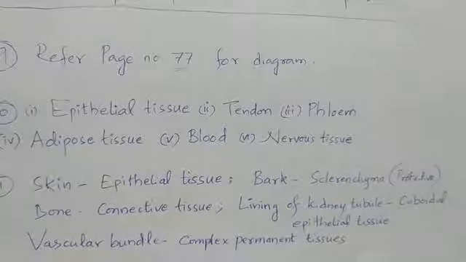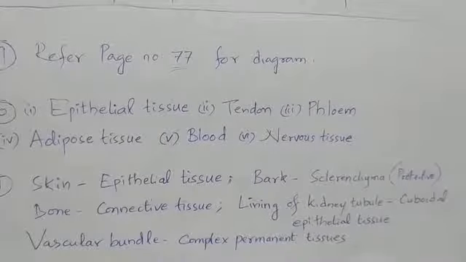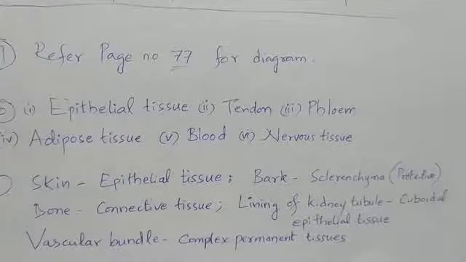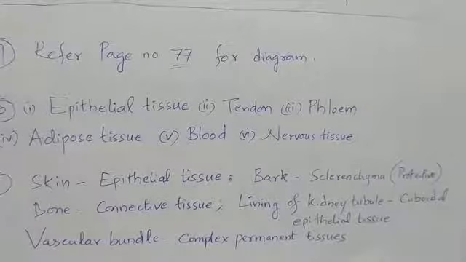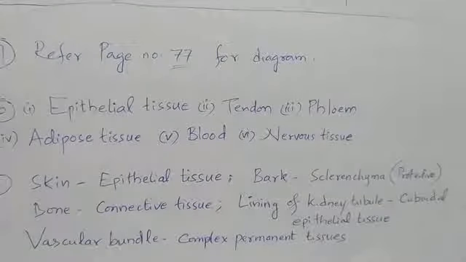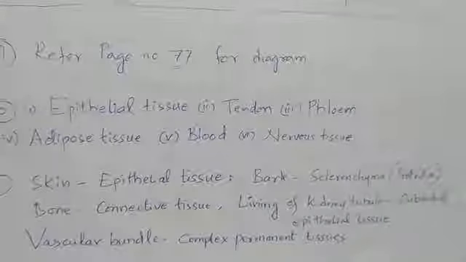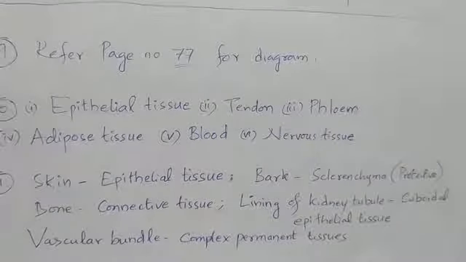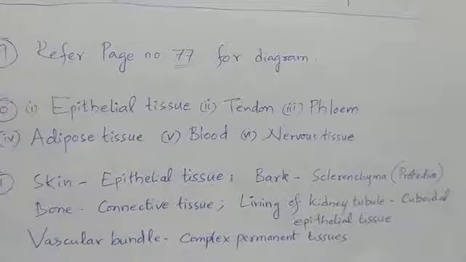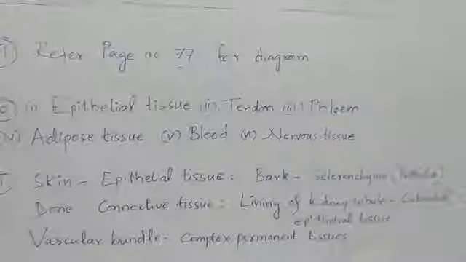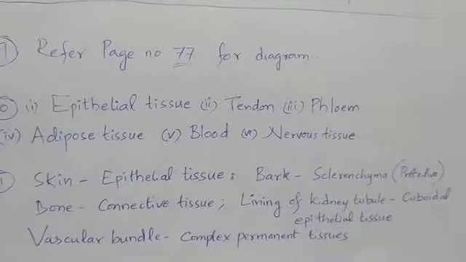Tissue that stores fat in our body: adipose tissue. And connective tissue with fluid matrix: there is only one connective tissue with fluid matrix, that is blood. Tissue present in the brain: nervous tissue. Here A, B, C, D, E, F are given, but I have written like 1, 2, 3, 4, 5 and 6. Okay, don't get confused.